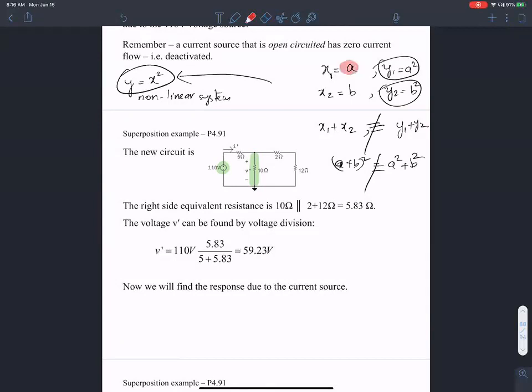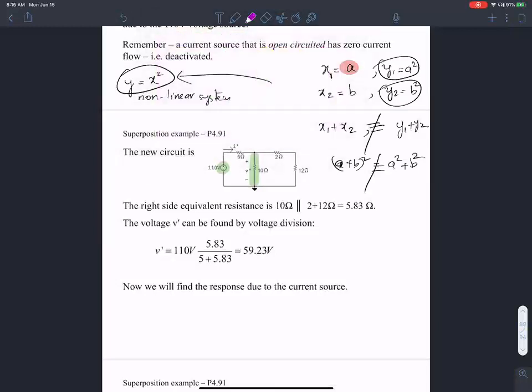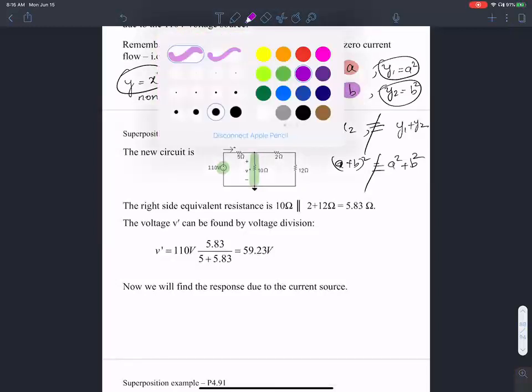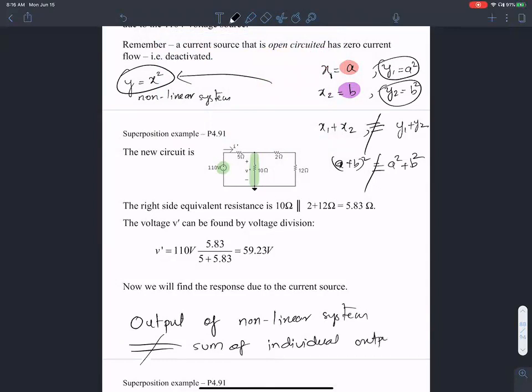I cannot simply add two independent inputs and then do the exact same thing for the outputs. So the output of a non-linear system is not the sum of individual outputs.